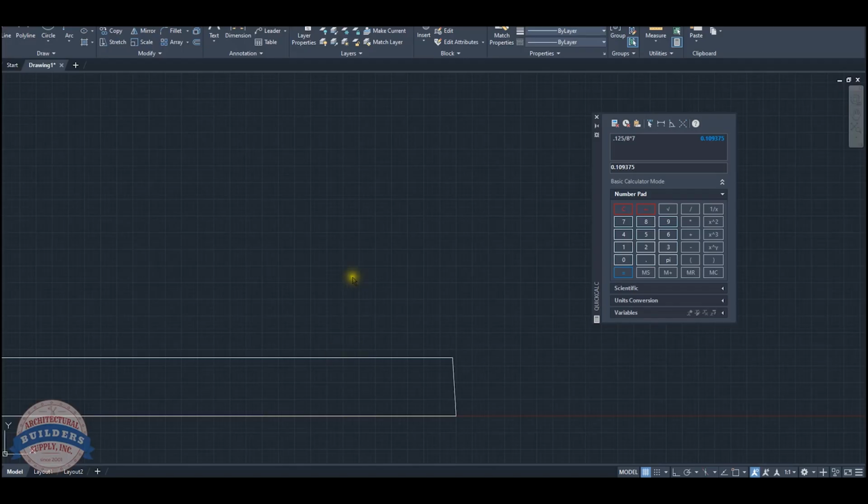Now let's continue the experiment a little bit. Let's just draw a line 5 inches in length.